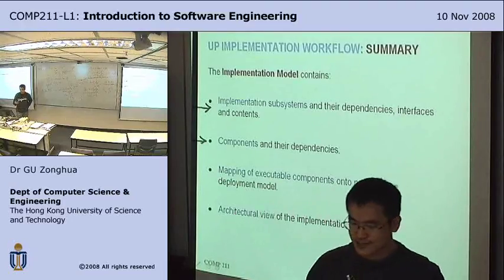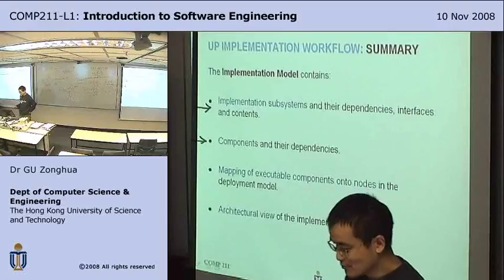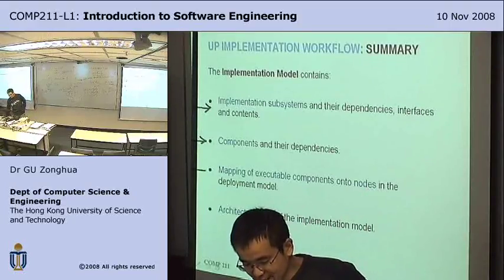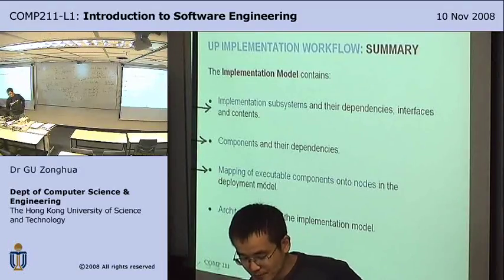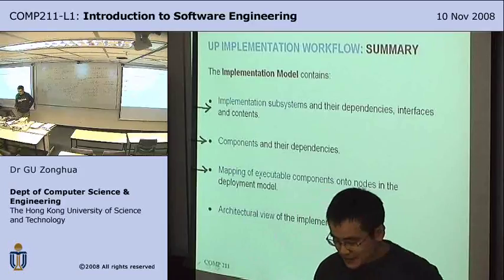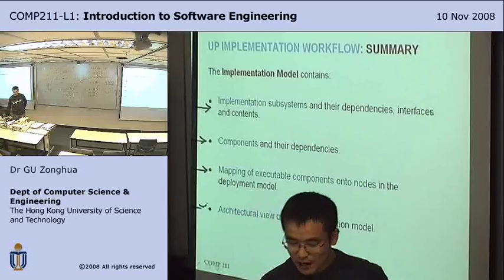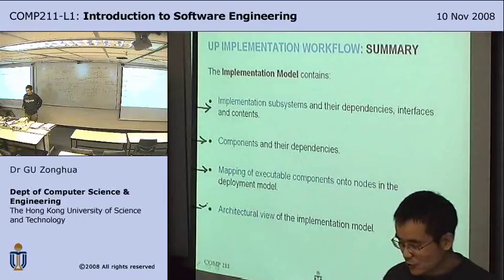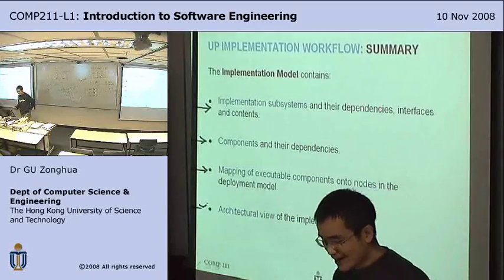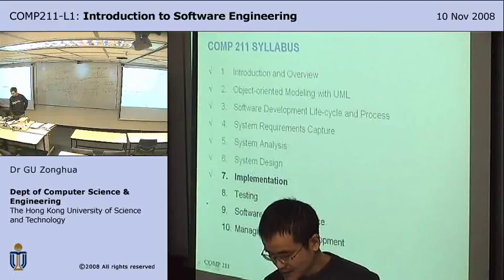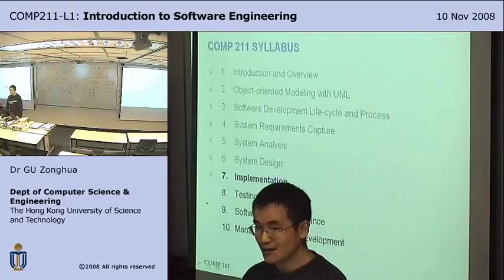So the implementation subsystems may contain components and other smaller subsystems, mapping of executable components onto nodes in the deployment model, that is the .exe files if it's Windows, and architectural view of the implementation model in terms of which components get mapped to which node. So that's the end of implementation. Any questions?